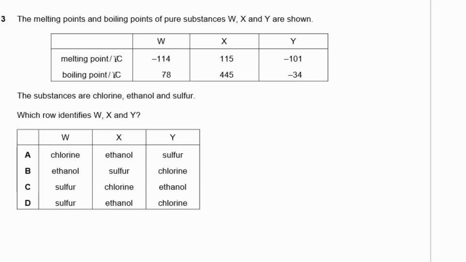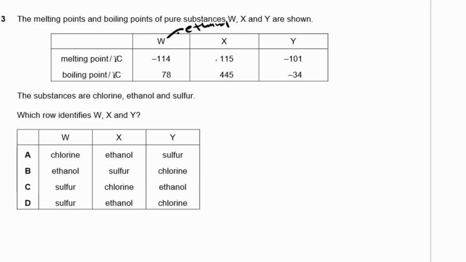So at room temperature and pressure, or 21 to 24 degrees, it will be a liquid. So this one is going to be ethanol because it's a liquid. It melts really low, and it boils lower than water, but higher than room temperature, so it's going to be a liquid at room temperature.